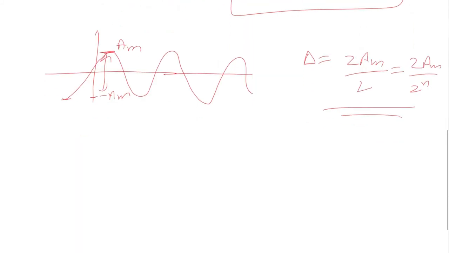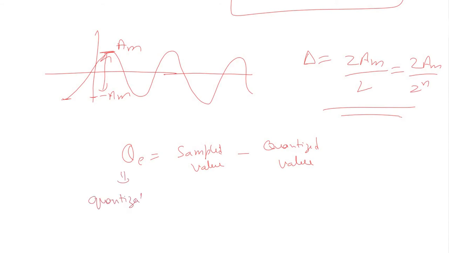And the quantization error is nothing but the sampled value minus the quantized value. The maximum value of this quantization error will be equal to plus or minus delta by 2, as we've already seen.